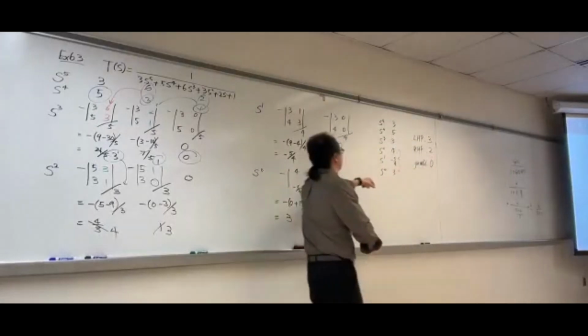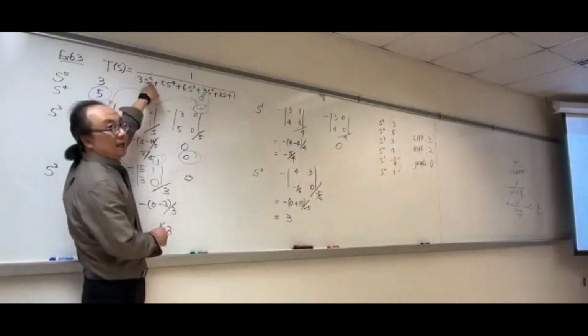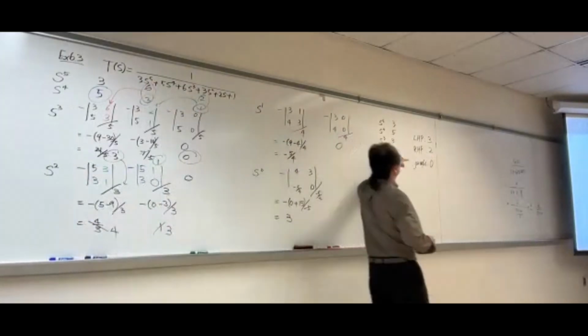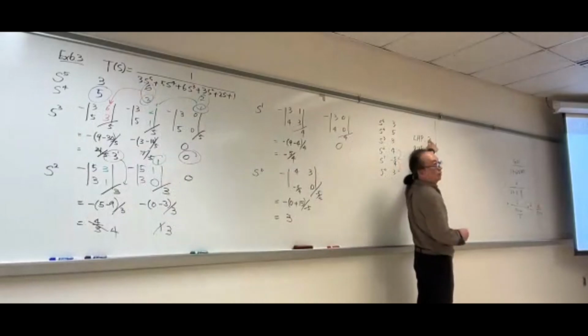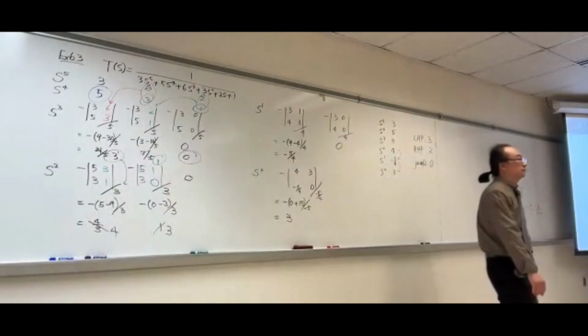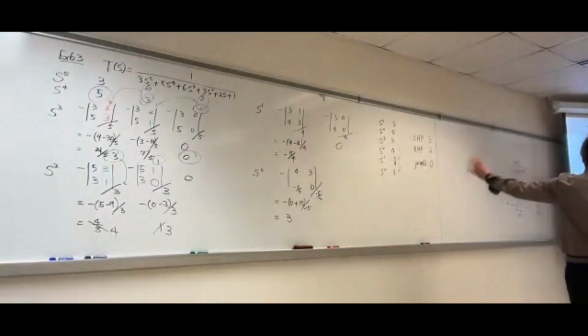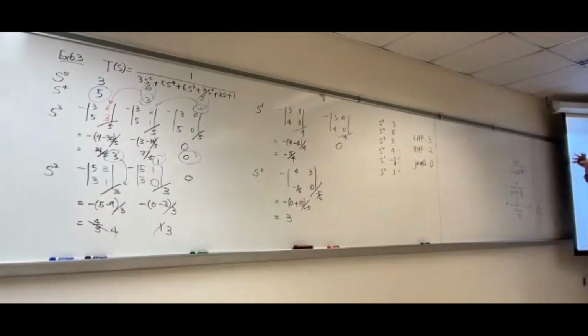And we have s to the power of 5, which means there are 5 poles, and 2 plus 3 gives us 5 poles. The j omega axis we'll talk about in the next problem. It's not always going to be solid numbers like this, okay?